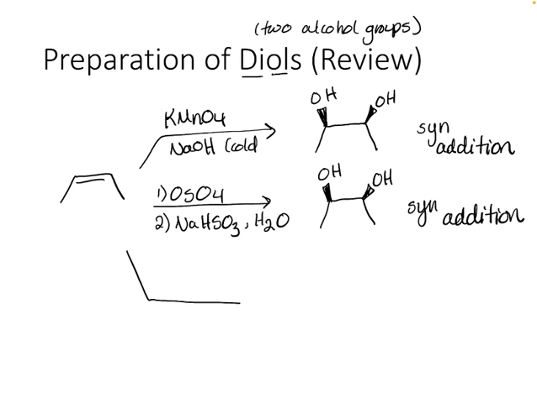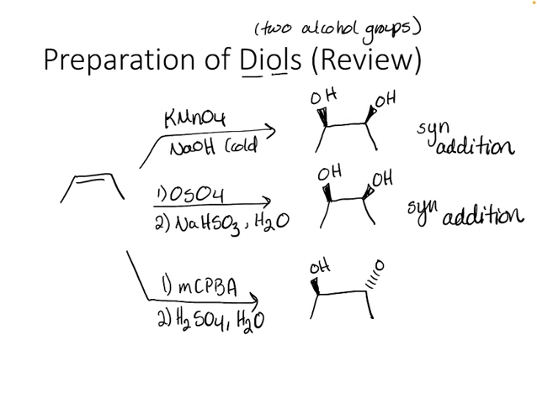And then finally, what if we add MCPBA and sulfuric acid diluted in water? Would that give us syn addition or anti addition? Anti addition. So one of the OH groups will be in a wedge, the other will be in a dash.